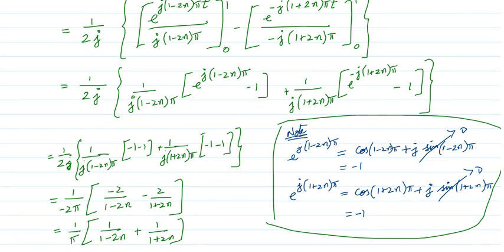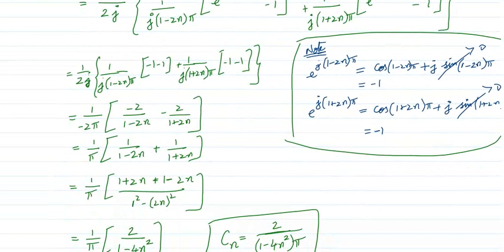So I can replace this term with minus 1, and this term with minus 1. Minus 1 minus 1 is minus 2, so take minus 2 outside and it will cancel with the denominator. Similarly, take j outside; j outside means j squared, and j squared is minus 1. Simple mathematical manipulation. You can note these things down easily.